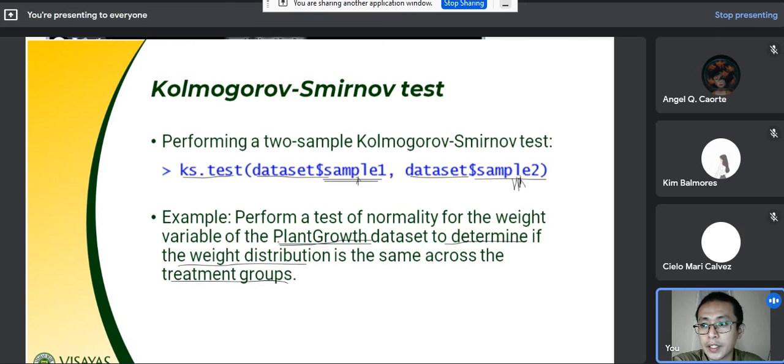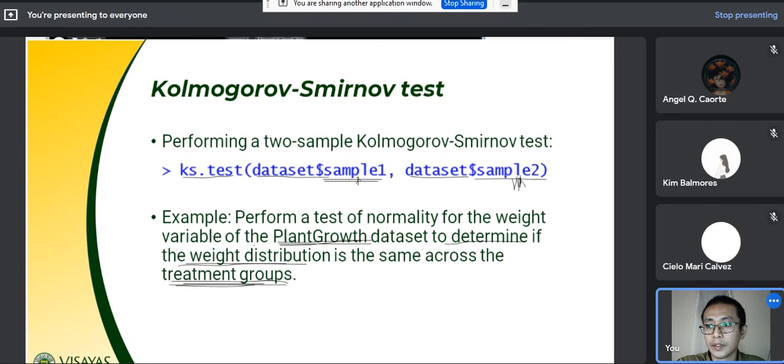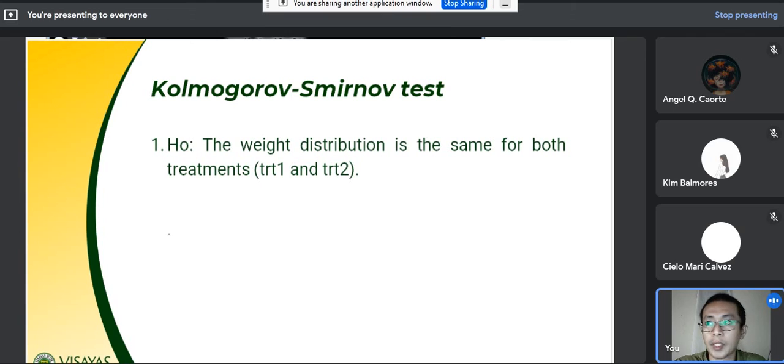So our dataset here, class, is plant growth, and the variable that we are interested in checking is the weight distribution for the two treatment groups of the plant growth dataset. From here, after identifying your variable, we can now start stating our null and alternative hypothesis. So here's our null hypothesis for this problem.